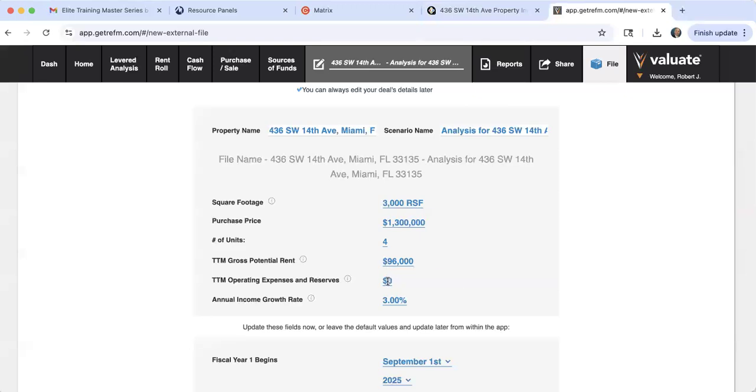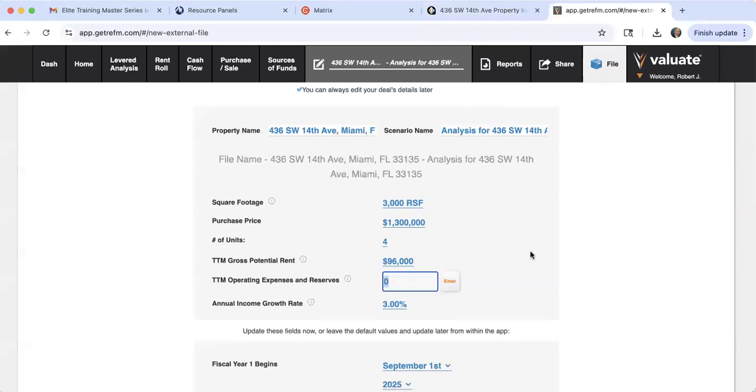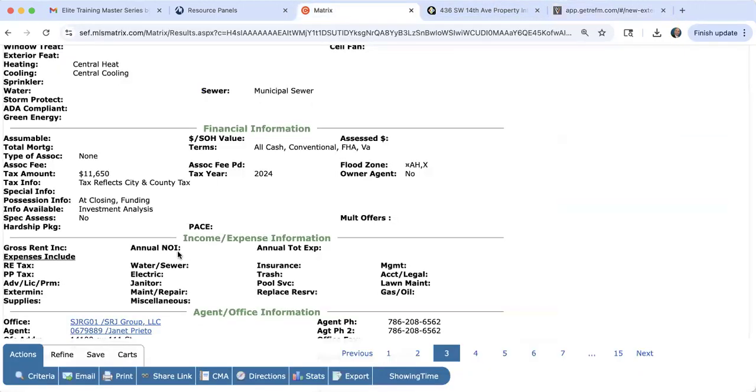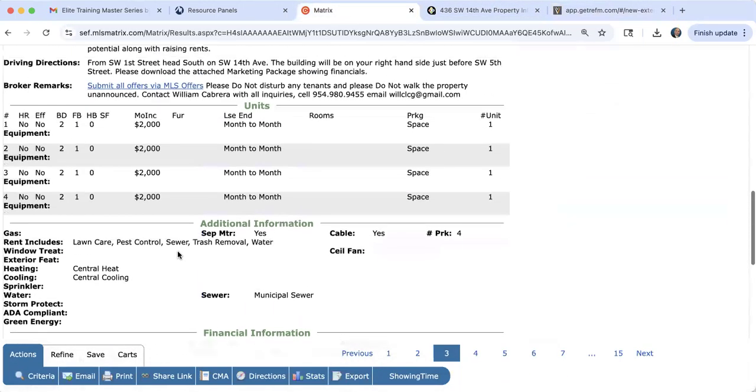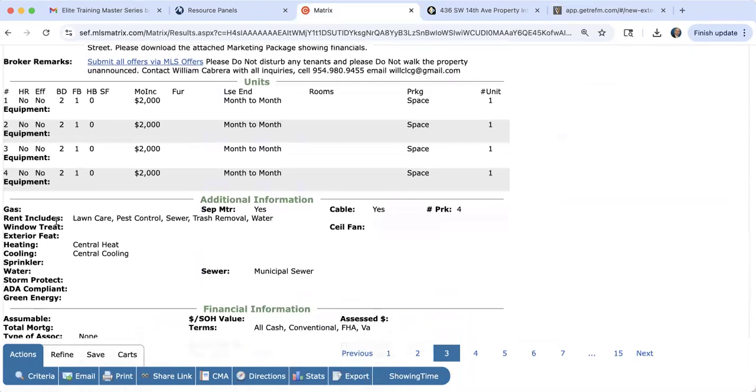So right now our operating expenses are 12,000 plus another 10,000 for insurance, so $22,000 is my estimated expense. That's taxes and insurance. How about utilities? Who's paying the utilities? Rent includes lawn care, pest control, sewer, trash removal, and water.